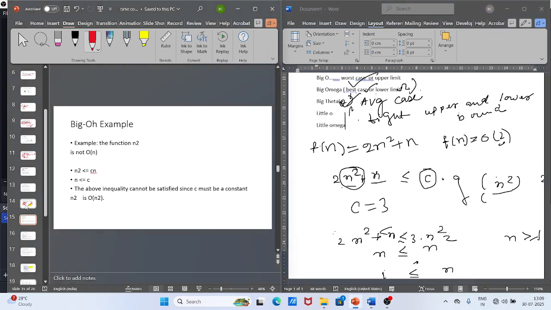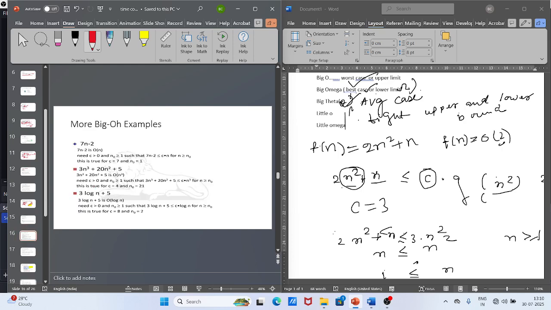So it's clear how we use the big O notation. Basically we use the big O notation most because it says about the upper limit. Okay, and those are the big O examples, some more examples. You just see 7n minus 2, where c greater than 0, n0 greater than or equal to 1.